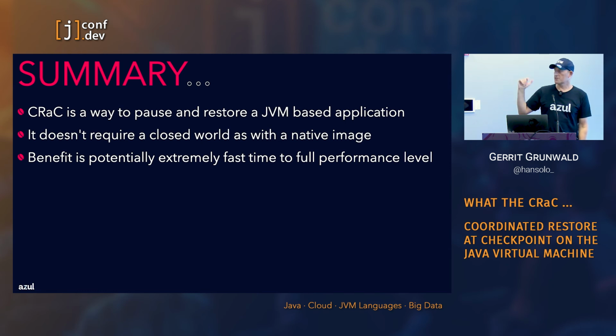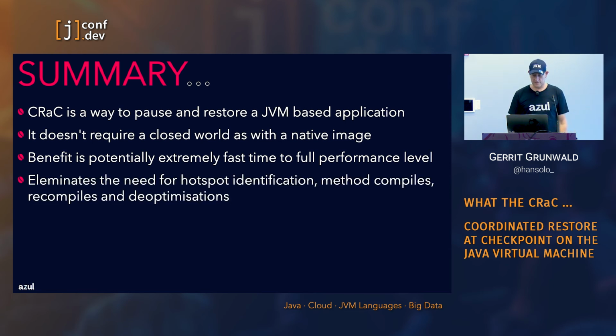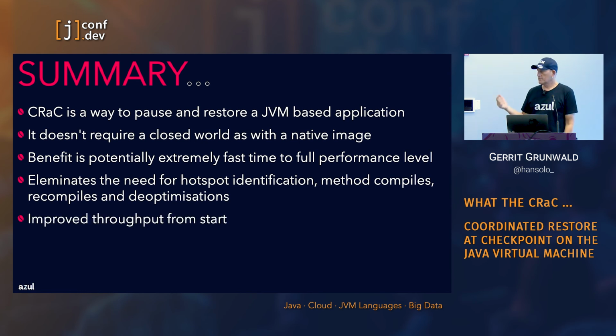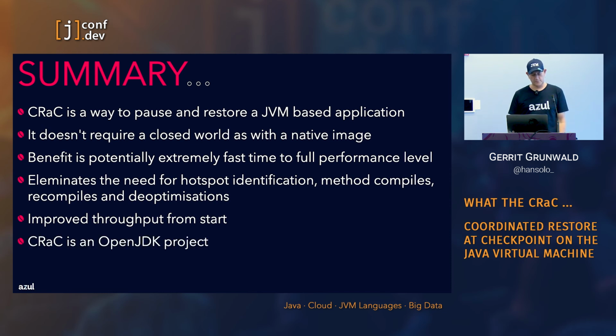The benefit is a potentially extremely fast time to full performance level, and it eliminates the need to do all this identification of hotspots, compile methods, and recompile and de-optimizations, because we did all that in the beginning, before we created the checkpoint, right? That's all done. So now the code is optimized. We create the checkpoint when the code is highly optimized, so there's no need to really do the hotspot thing and all that. And with that, we have a really improved throughput from the start, and it's an OpenJDK project, and at least it can also save some money.